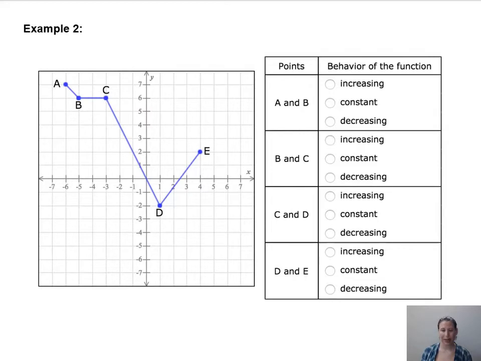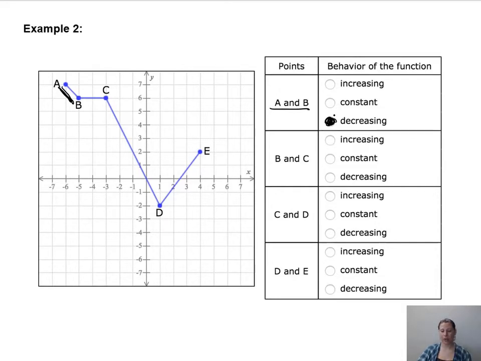So what that means is from A to B, not just A and B. What's happening on this section of the graph right here? Is it going up? Is it going down? Is it staying constant? Increasing, decreasing, constant, right? So we see it's going down from left to right. That section goes down. So A and B is decreasing.